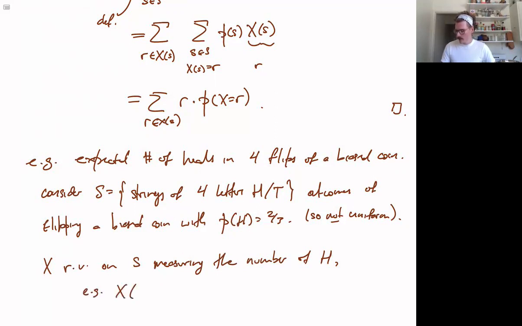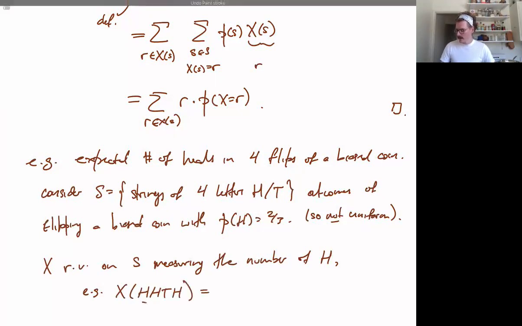So for example, what does X send the string HHTH? You just count the number of heads, and this maps to 3.